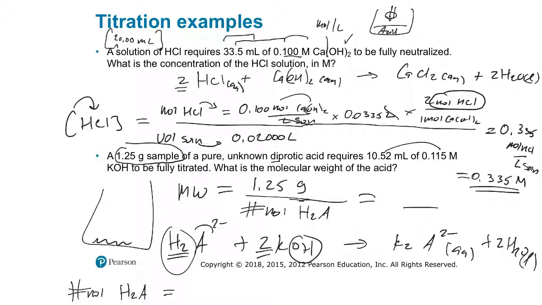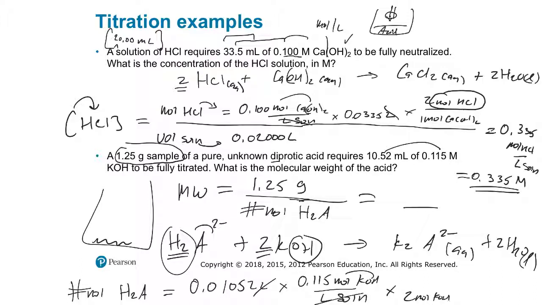So I take the 0.01052 liters of that solution. That solution is 0.115 moles of KOH per liter of that solution. So liters cancel. I get moles of KOH. For every 2 moles of KOH that we had to add means that there was 1 mole of the H2A present.